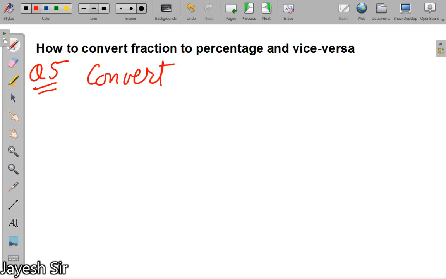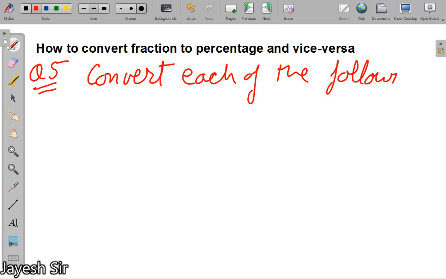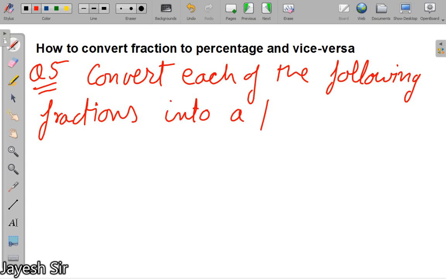Convert each of the following fractions into a percentage.